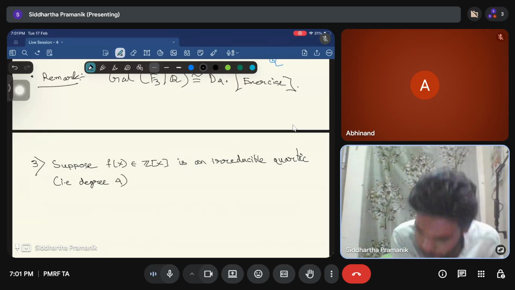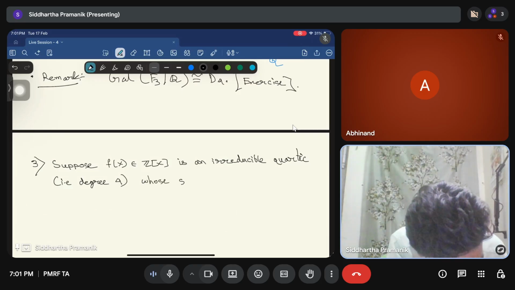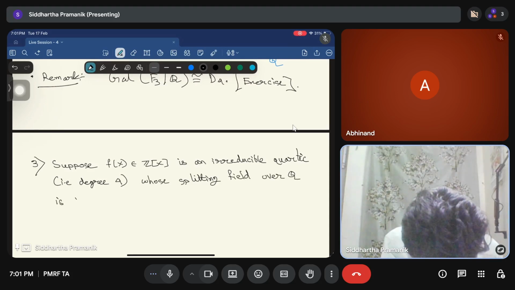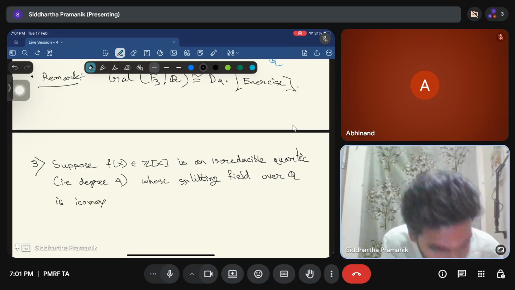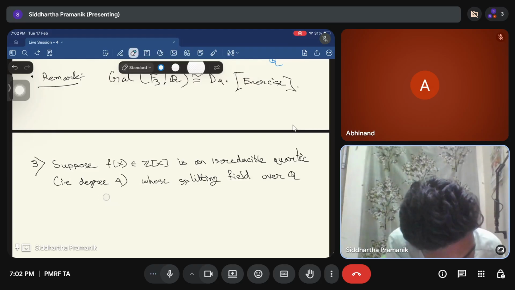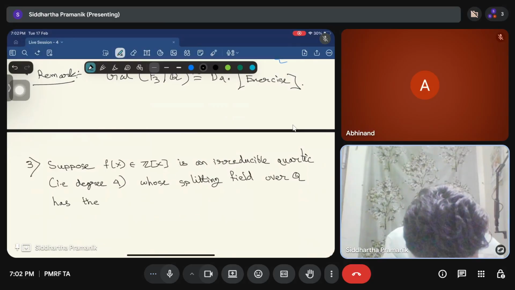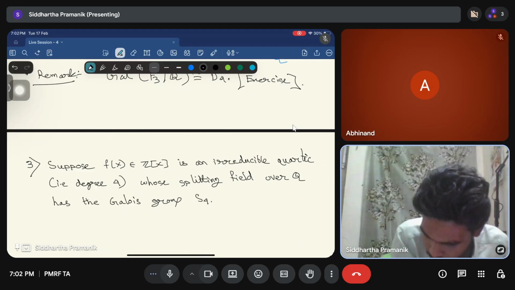And whose splitting field over the base field Q has the Galois group isomorphic to S4, or specifically it is exactly S4, let's say.